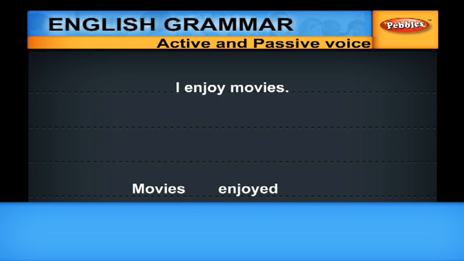It is simple present. The auxiliary must be am, is, are. So movies is plural, so it takes are. And I becomes me. It should be preceded by by. So therefore, the sentence becomes, movies are enjoyed by me.